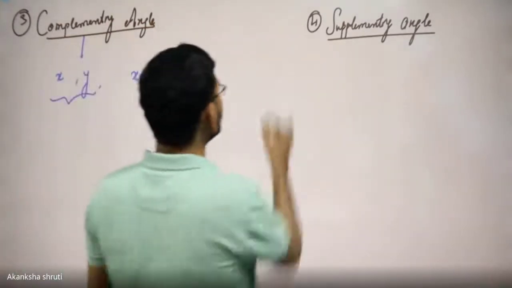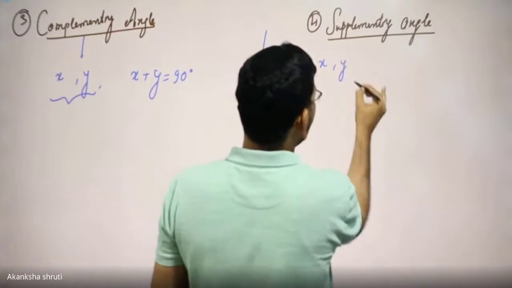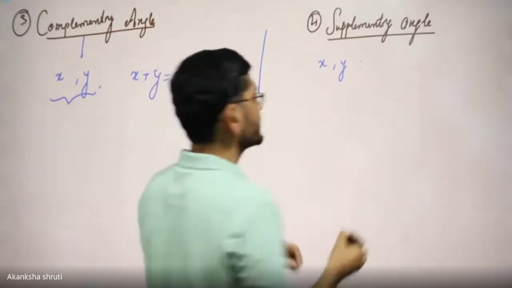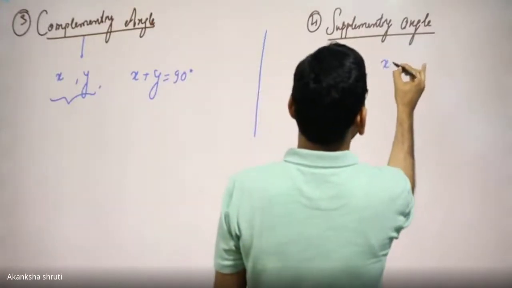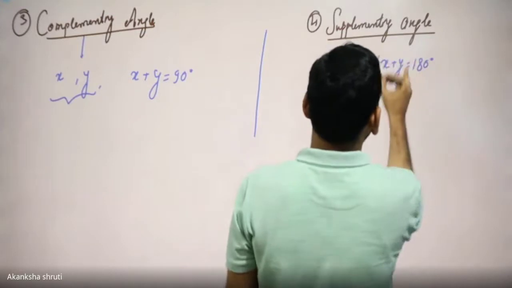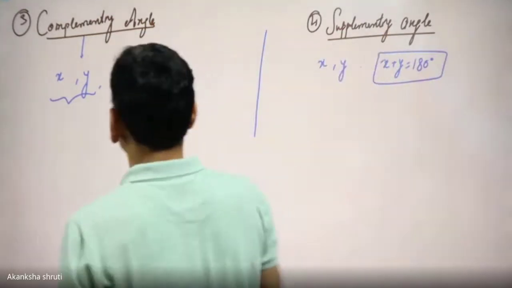But if we are given two angles X and Y, any two angles, need not be adjacent ones, keep in mind, such that X plus Y is 180 degrees, then such a pair of angles is called supplementary angles.